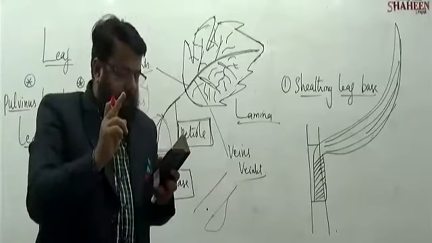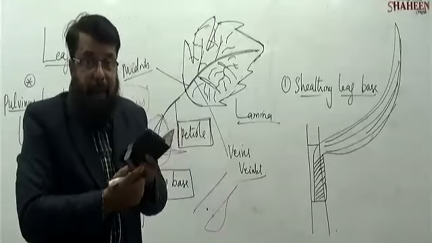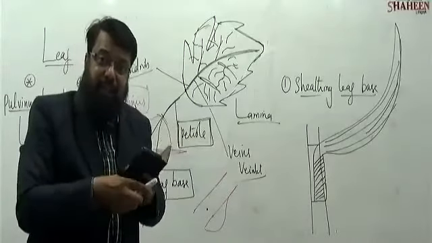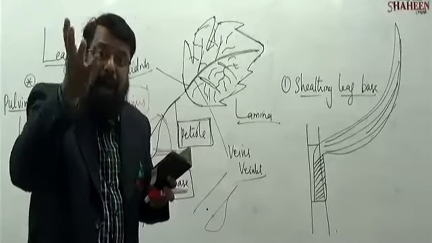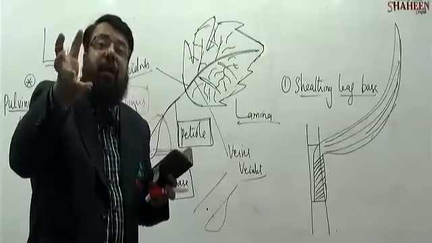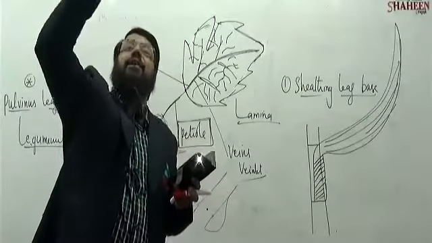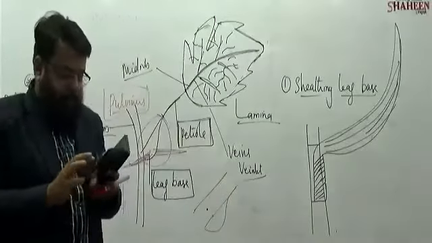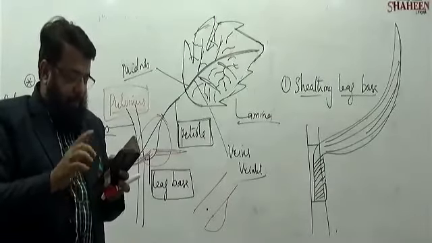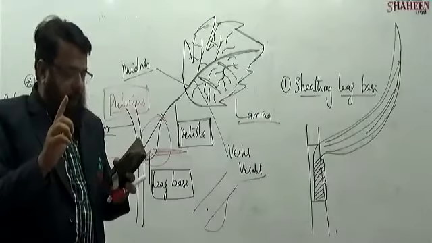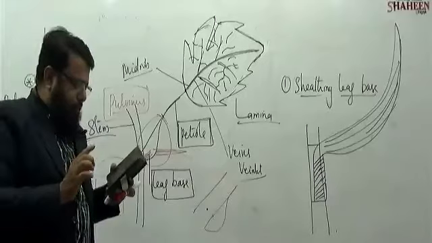Whether it is leaf, flower or whatever it may be, the older structure or older leaf is at the base and the younger leaf is at the top. Is it clear?